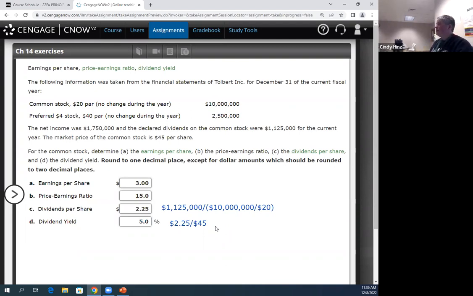If the market value at the beginning of the year was also $45 per share, then the only return on this investment would be that 5% dividends yield. That'd still be a pretty decent investment. Of course, if the market value went down during the year, maybe it was $50 at the beginning of the year, and it went down to 45, that's a 5% decline.